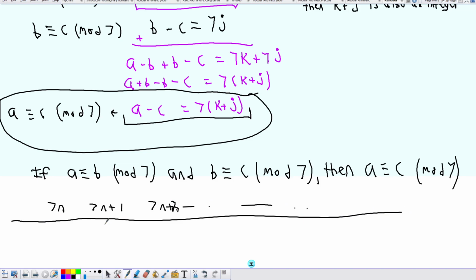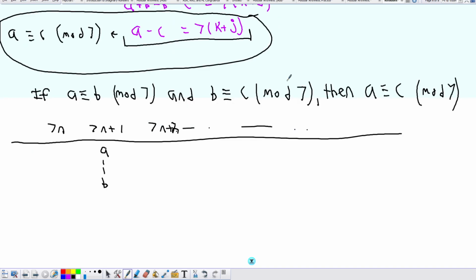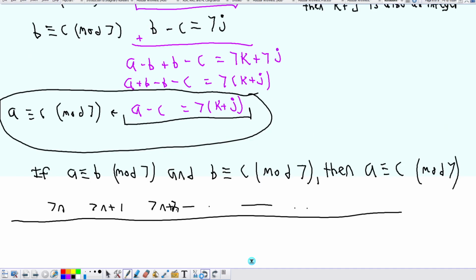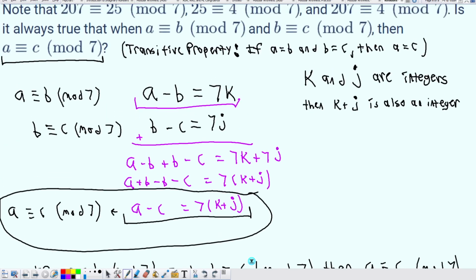So maybe it was plus 1. A and then B is somewhere on there as well. But B is equal to C. So that means B and C are in the same column, and therefore A and C would also have to be in the same column. That was another way we could have thought about it more theoretically. But I always like the algebraic solutions. I'm a big fan of those.